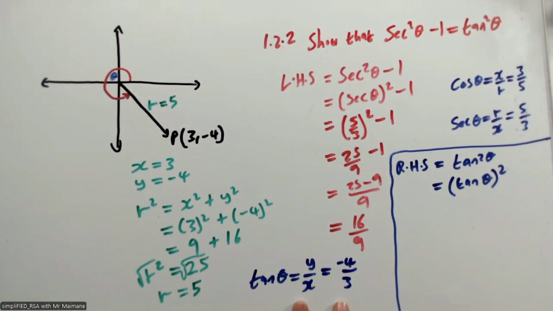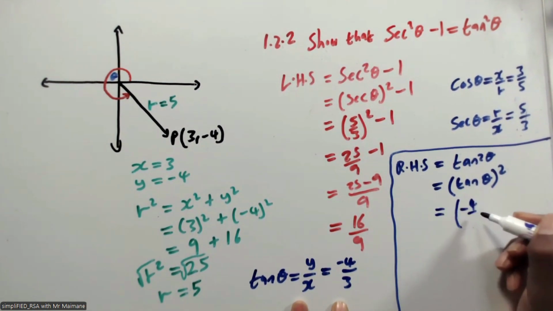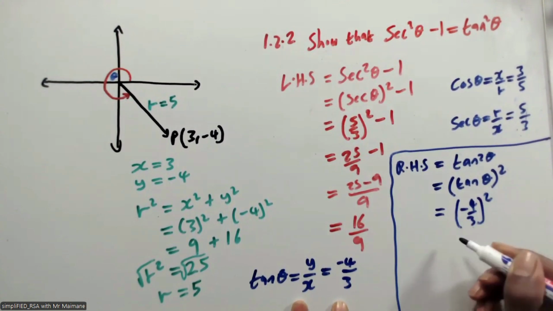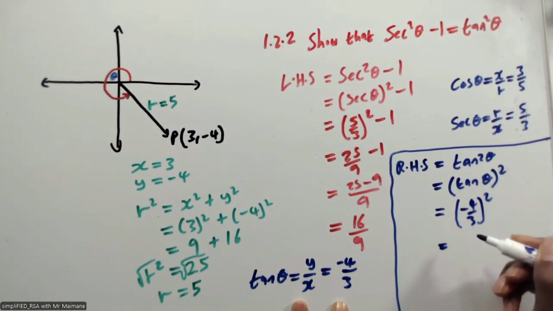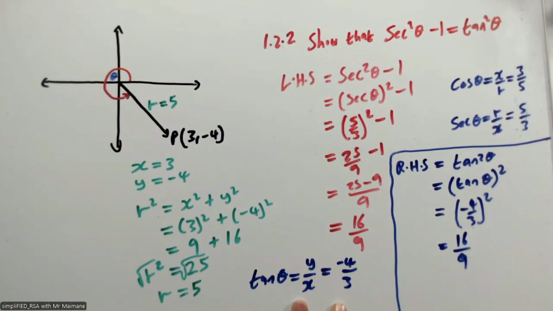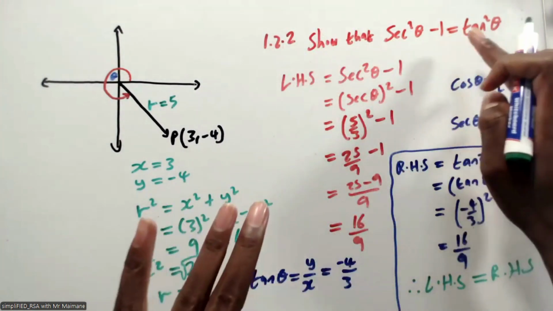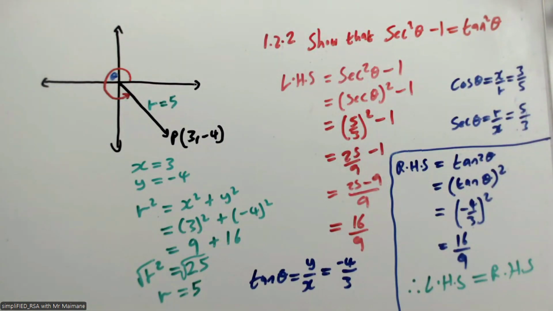So that is tan theta. Then if I put that in here, I would have minus 4 over 3 squared. This is going to be 16 over 9, which is exactly the same as the left-hand side. Therefore, I can conclude that the left-hand side is equal to the right-hand side. Then I have shown that sec squared theta minus 1 is the same as tan squared theta.